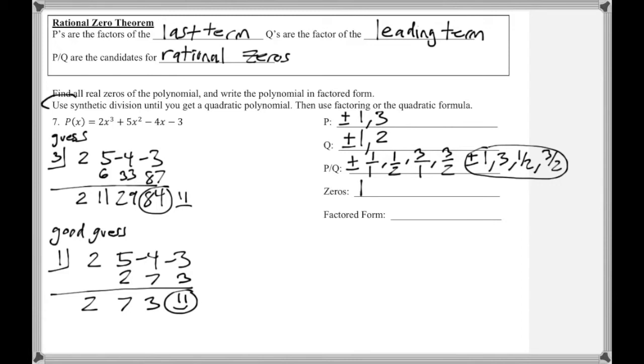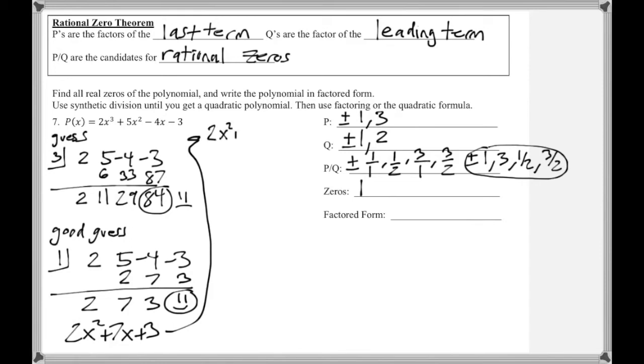So they want us to use synthetic division until we get a quadratic, and then use factoring or the quadratic formula. So now that I've reduced this to a quadratic, because this is 2x squared plus 7x plus 3, I want to solve this. So I'm going to do that by factoring.